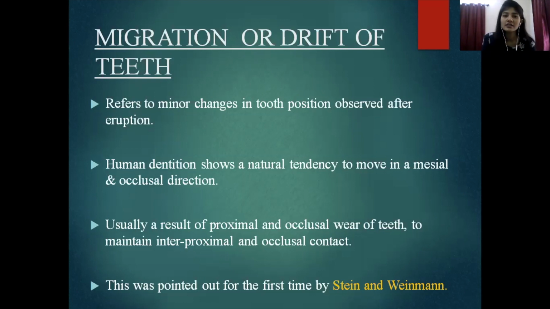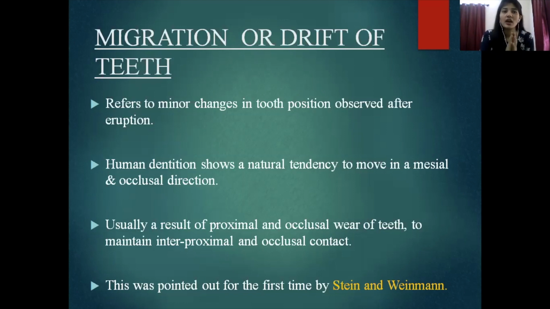This usually results from the proximal and occlusal wear of the tooth to maintain the interproximal and occlusal contact. These forces, which act axially as well as mesially on the tooth, are responsible for the occlusal as well as the proximal wear of your teeth. This was pointed out for the first time by Steen and Penman.